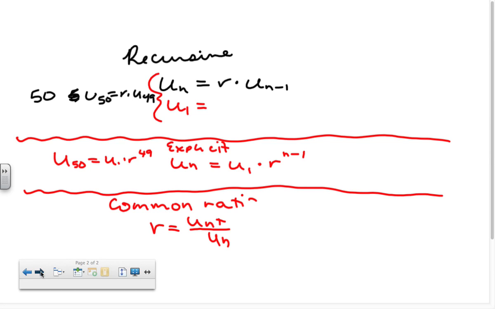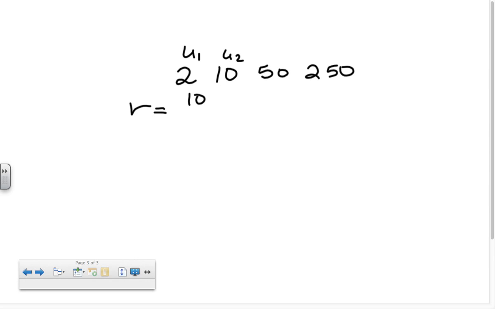I'm only going to do one example because these are fairly simple problems. So if I have this sequence here, 2, 10, 50, and 250. If you just look at that, you're saying, what am I multiplying by to get to each one? It is 5. But to find it using the formula, I want to show you this. r equals, if I take 10, which is u_2, this is u_1, and divide it by 2, I end up with 5.